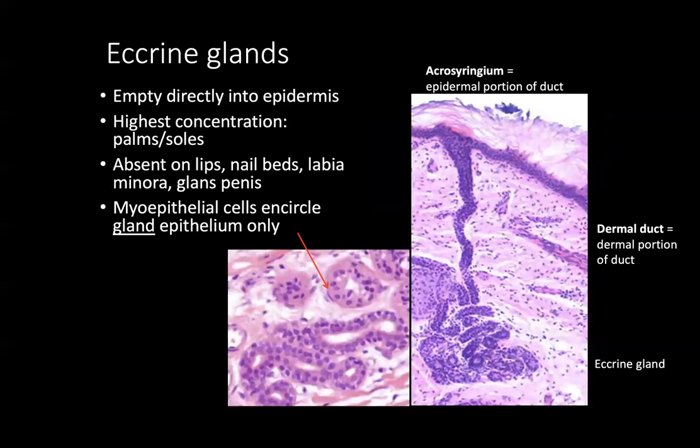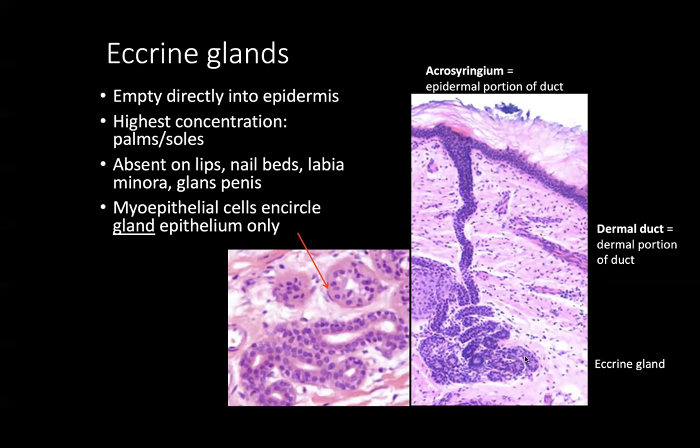Eccrine glands empty directly into the dermis. They have the glandular portion that is more coiled up, and you can cut through cross sections or a little bit of a longitudinal section. You see this nice coil. Around the eccrine gland, you have these myoepithelial cells that allow for constriction and release of more sweat, depending on neural stimulation, et cetera, and temperature regulation.